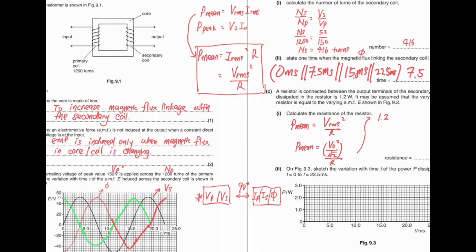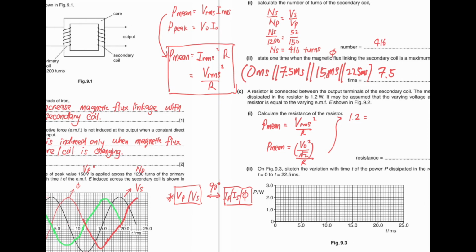Mean power 1.2, V naught 52, 52 squared over 2, divided by R, and R equals 1130.